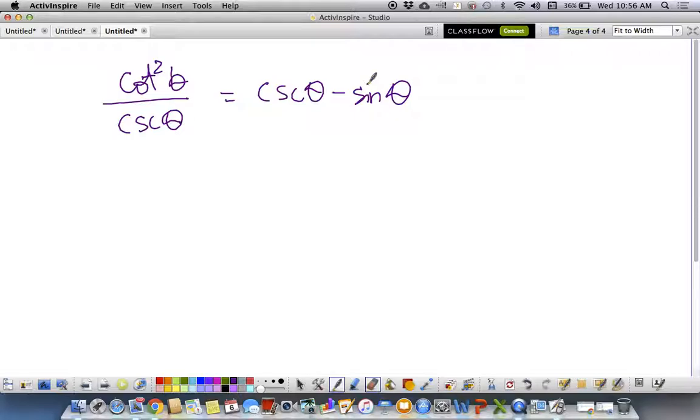Who wants to tell me where you're going to start on this? Should you go on the right or left side? It completely depends on which side you think is harder. So what's one thing you might do first?